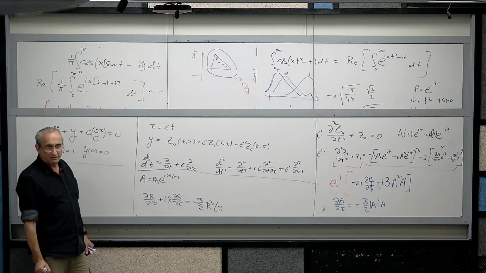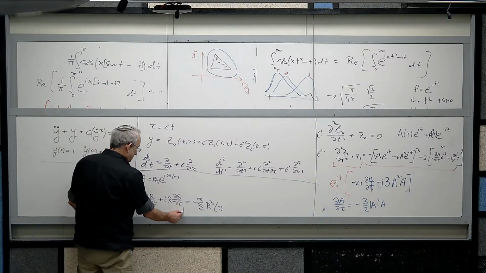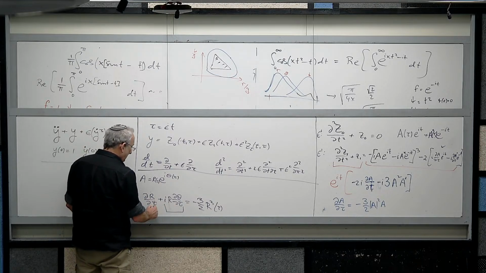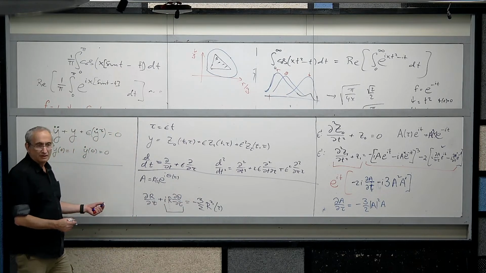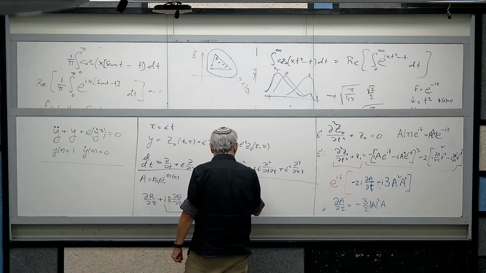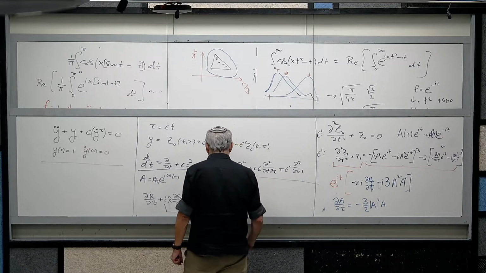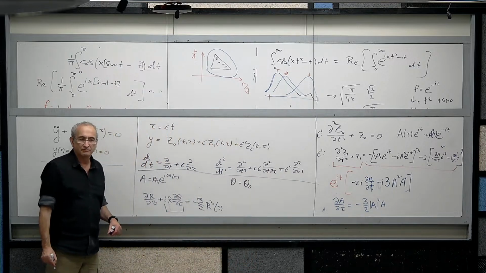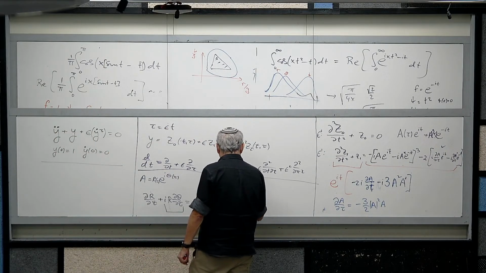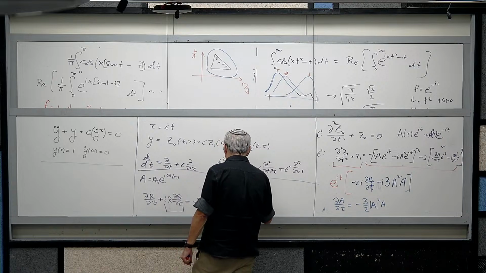These are two equations, since R and theta are real. This is the imaginary part and this is the real part. We have to make sure that both of them are 0. This implies that theta is a constant, say theta naught. Theta is not changing over time, whereas R satisfies dR over R cubed equals minus 3/2 d tau.